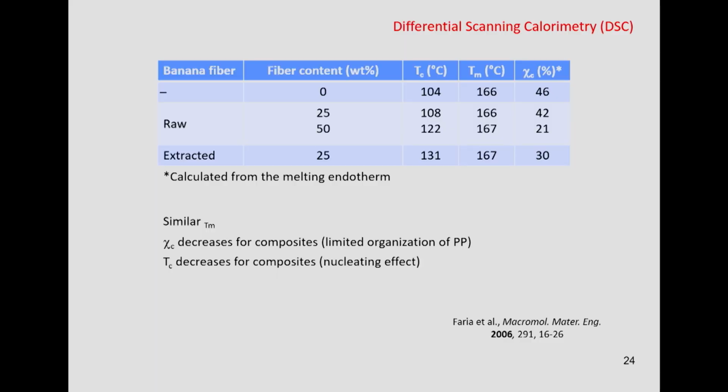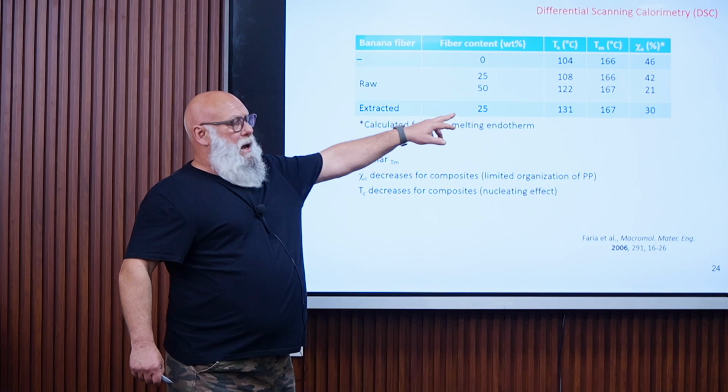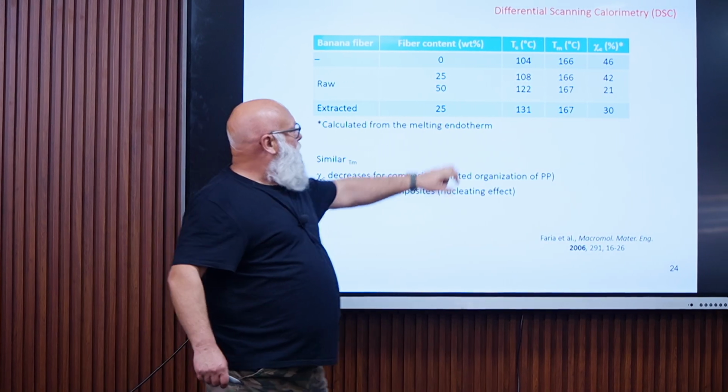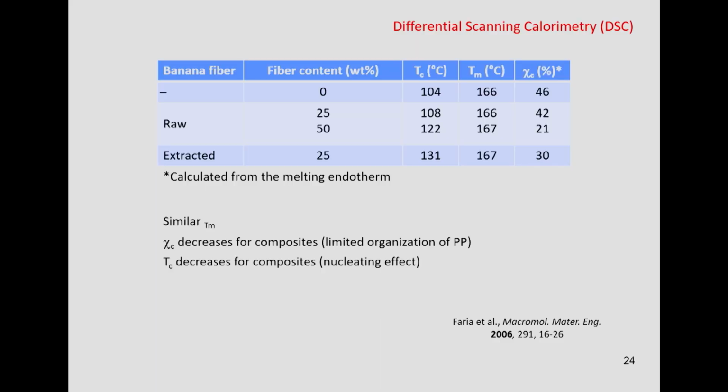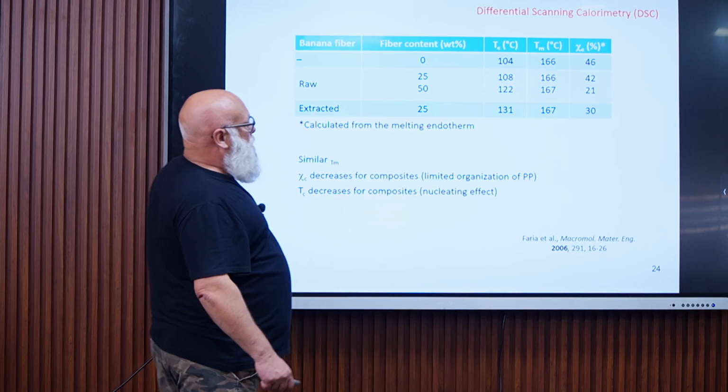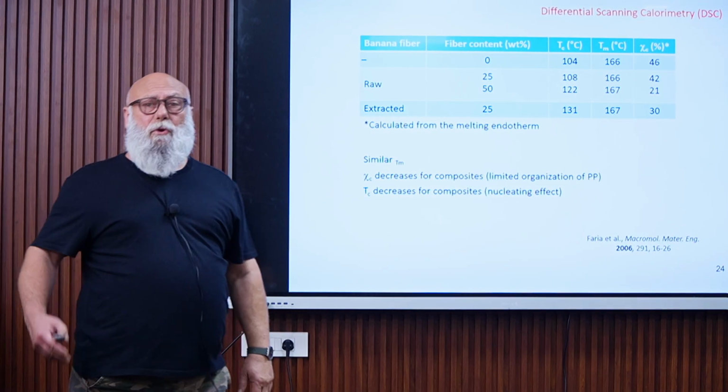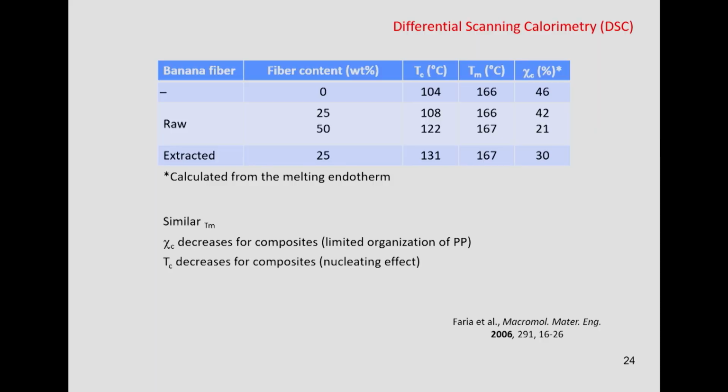Sorry. No, for the next slide. No, I will just discuss this. So this is the same sample and the analysis of the previous curve. The temperature of crystallization, you can see that crystallization occurs at higher temperature for composite. The melting point is the same, and the degree of crystallinity tends to decrease when adding the fiber.